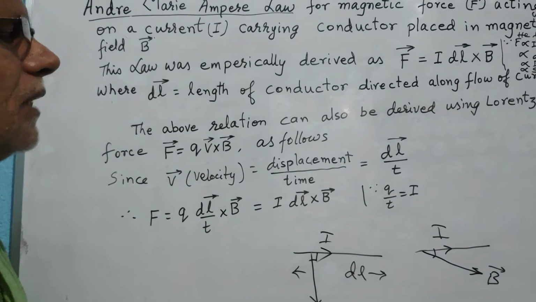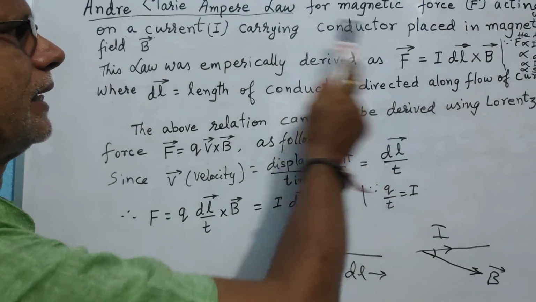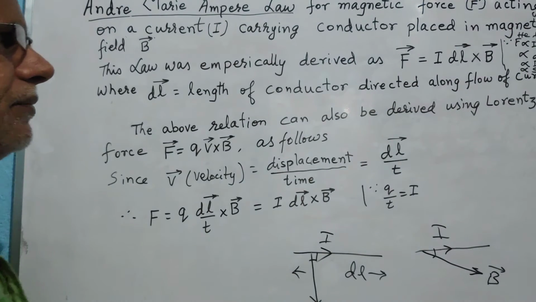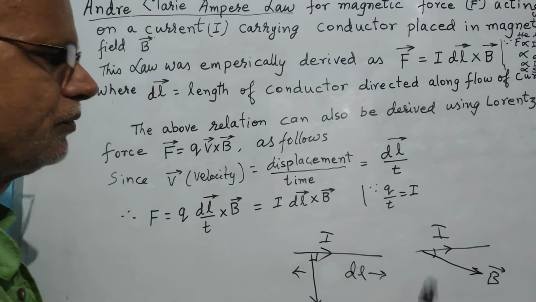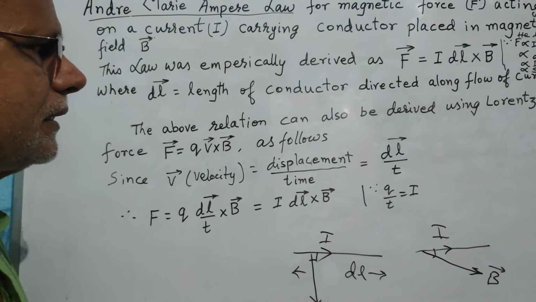So this is how the force acting on a conductor carrying some current and placed in a magnetic field varies with the angle made by the magnetic field with the direction of the conductor's current.